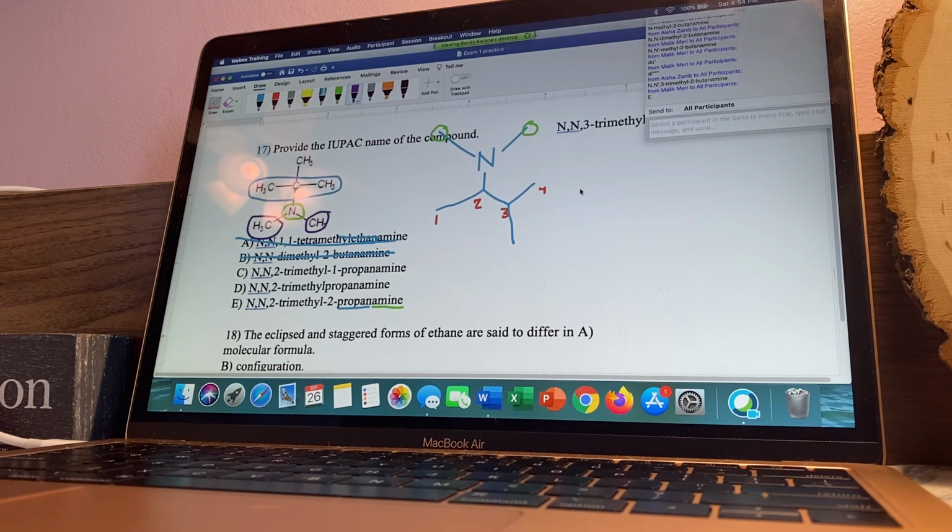One coming off of an N, another coming off of an N, and then one coming off of the second position. Trimethyl. Does that help when I break it down like that? Yeah, so that's how you break down those types of names.